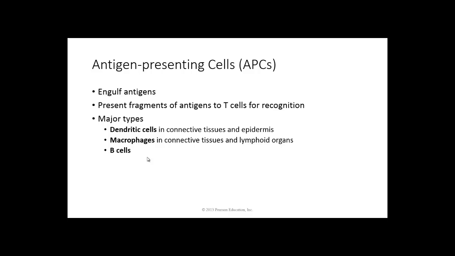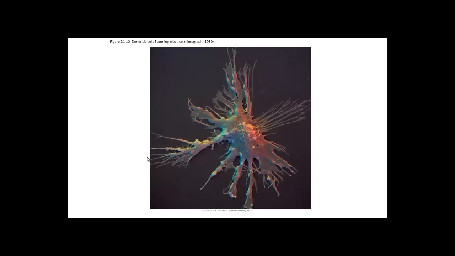For example, T cells are cells that will recognize these antigens on the surface of the antigen-presenting cells. Here's an example of a dendritic cell with these special cellular processes and presenting antigen on the surface.